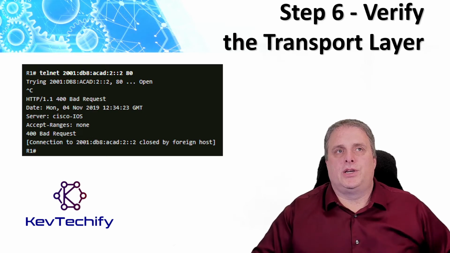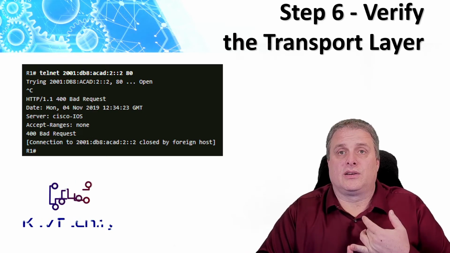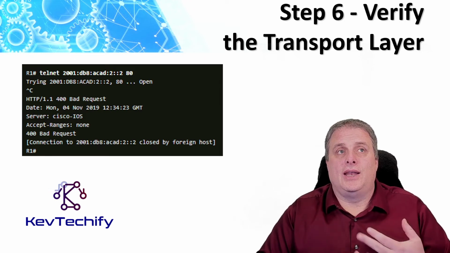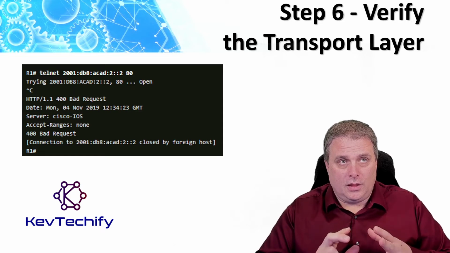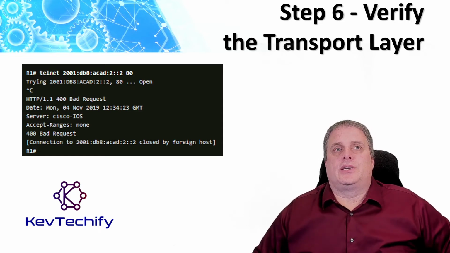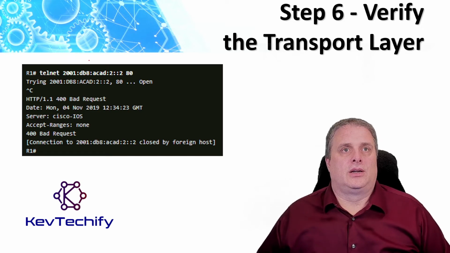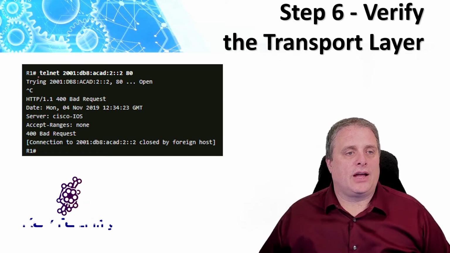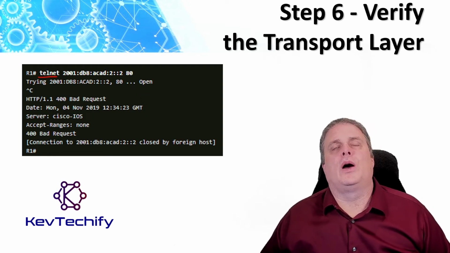Two of the most common issues that affect transport layer connectivity include access control list configurations and network address translation configurations. A common tool for testing transport layer functionality is the Telnet utility. What a lot of administrators do is Telnet to a web server.